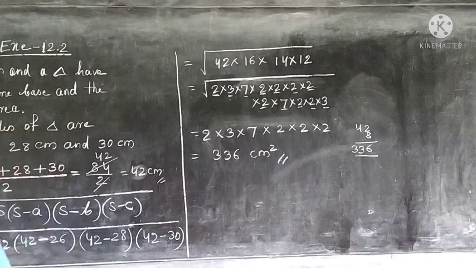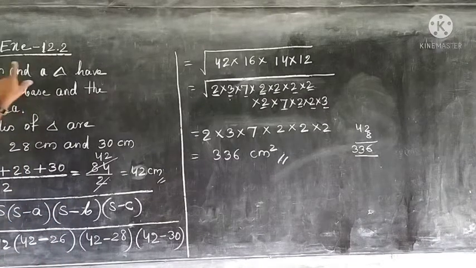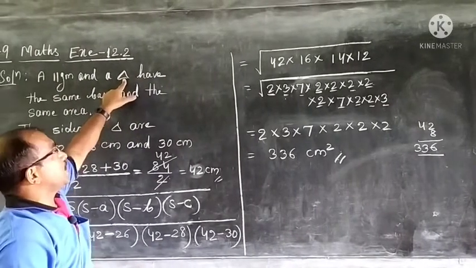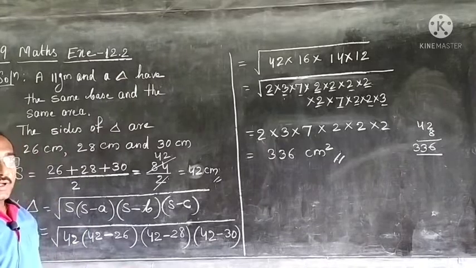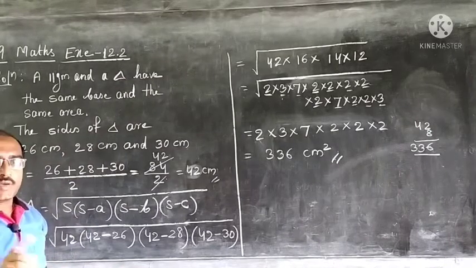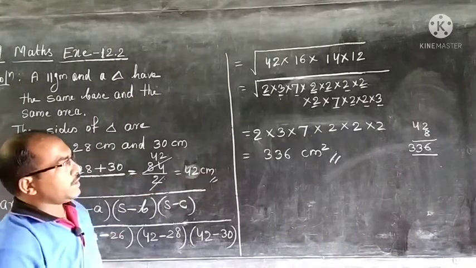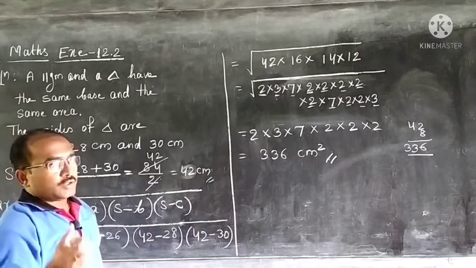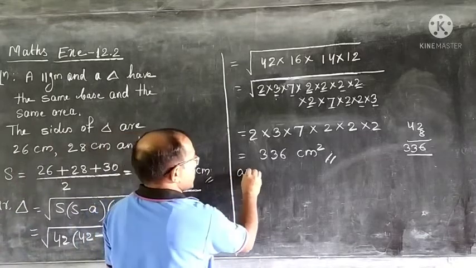And now what is the condition here? The parallelogram and the triangle are standing on the same base and they have the same area. That means the area of the triangle is 336, so the area of the parallelogram is also 336 as per the question.